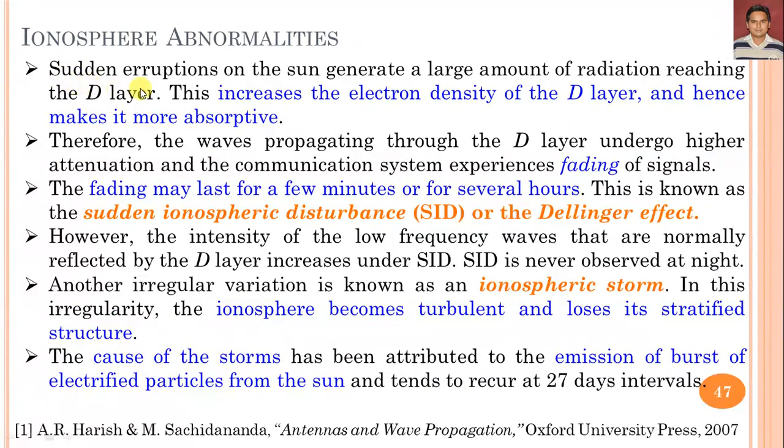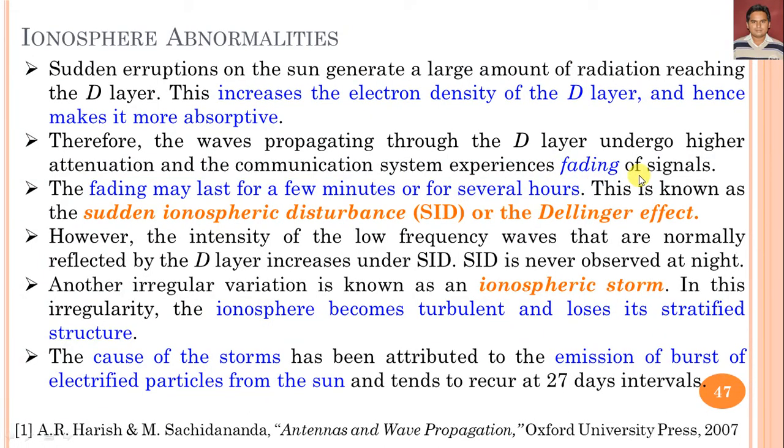in which we are going to discuss the sudden eruptions on the sun that generate a large amount of radiation reaching the D layer. This increases the electron density of the D layer and hence makes it more absorptive. Therefore, the wave propagating through the D layer undergoes higher attenuation and the communication system experiences fading of the signal.